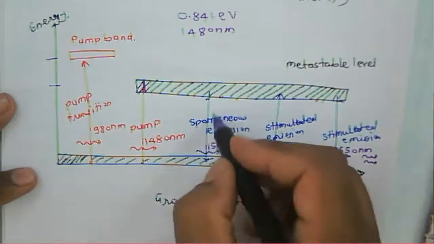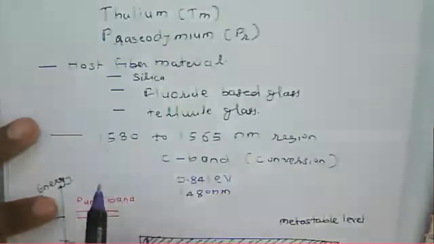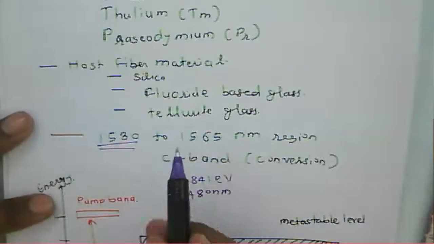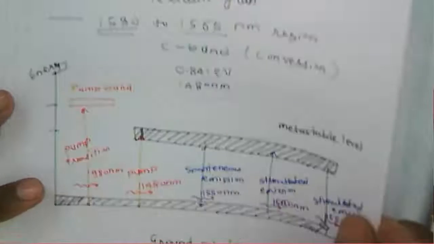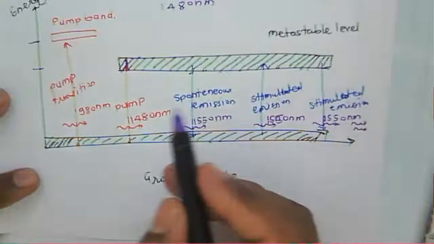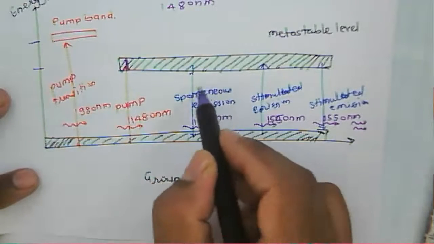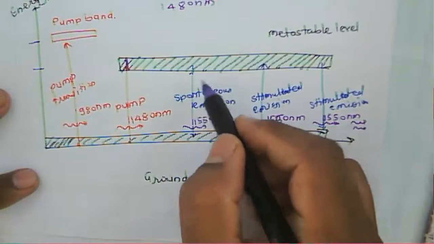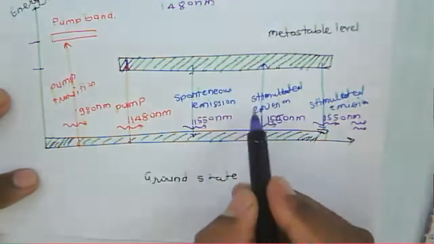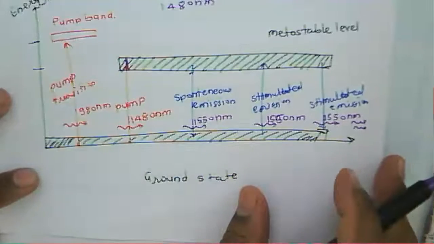Likewise, the corresponding energy state is about 1530 to 1565. So we have different metastable states, and they have different energy levels and different wavelengths there.